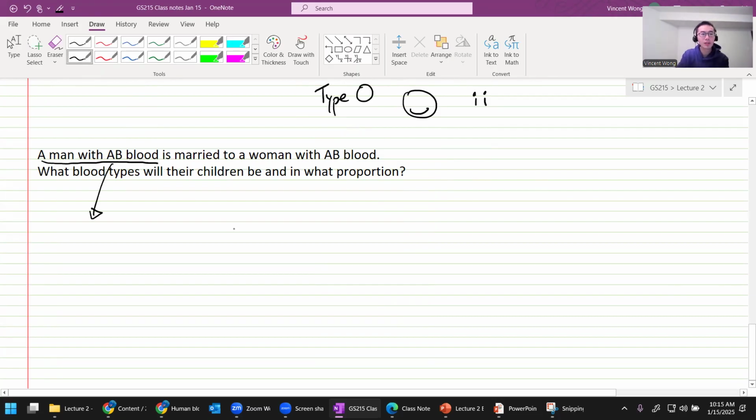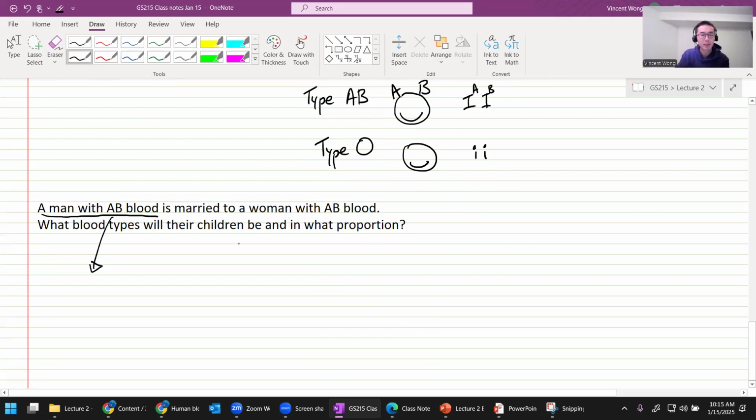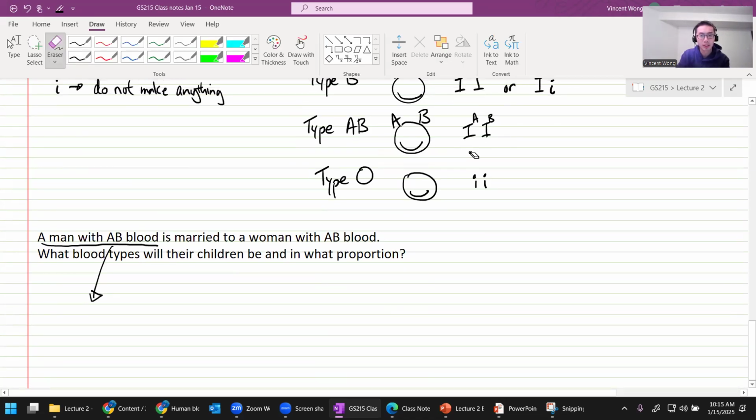As we just learned, if a person has AB blood, there's only one possible genotype, right? So the man is IAIB. Okay, and he's gonna have some kids with the woman who's also AB blood. So she's also IAIB.